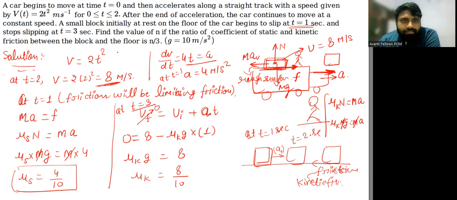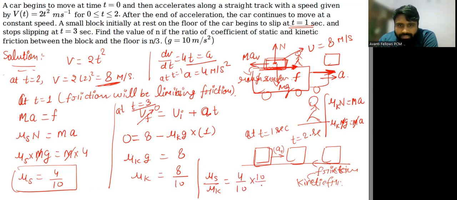Now it is given that we have to find the ratio of the coefficient of static to the kinetic friction. So mu s upon mu k is equal to 4 by 10 into 10 by 8. Just a second, I will write it on the next page.